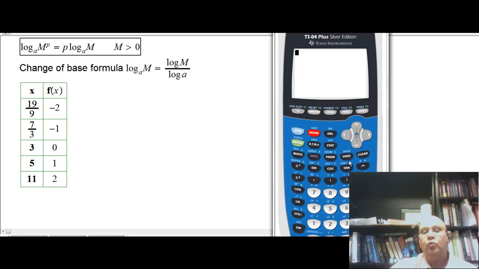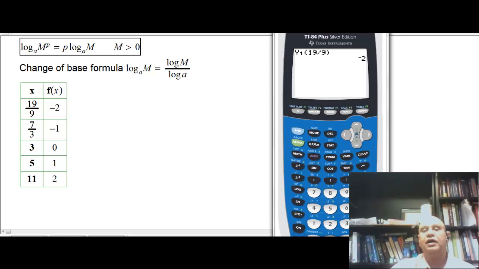We go to vars, right? See this here? Then we're going to y vars. Then my function is y1, the function that I'm looking at, right? Yes. So I have to compute y1 of what? 19 over 9, right?